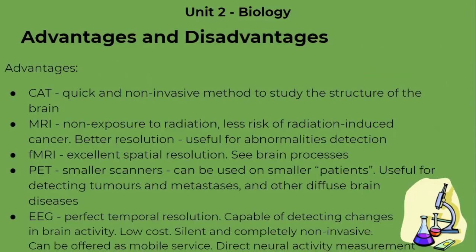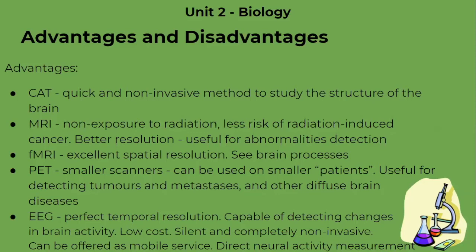So, some advantages and disadvantages. The CAT scan is quick and non-invasive because it only uses X-rays. One MRI advantage is its non-exposure to radiation compared to the PET scan. Because of this, it has less risk of radiation-induced cancer. It also has better resolution, which is useful for abnormality detection.